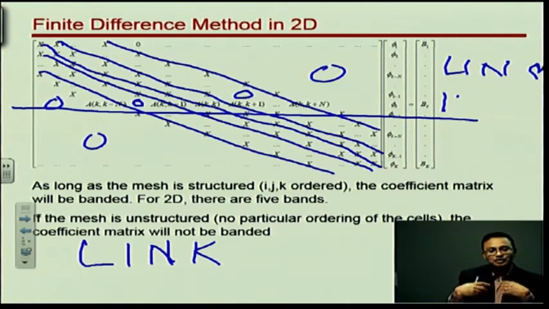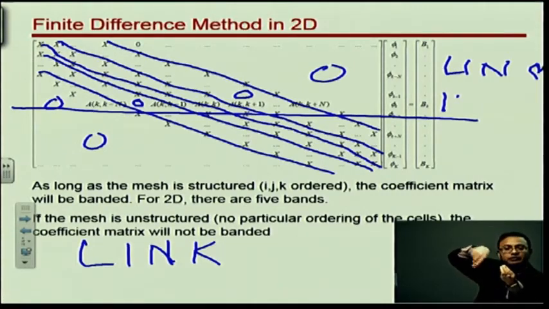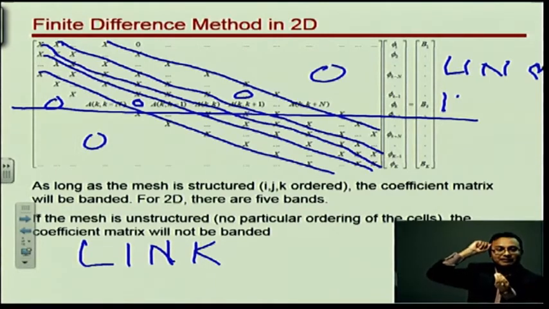Okay, and if you think about it, this has to do with physics also, because when we talk about solving PDEs, we are really trying to represent physics. So suppose you have heat conduction. I have a point here. That point is going to be influenced by the temperature of all the surrounding nodes. It's not going to be influenced by something which is 1 mile away. That's the physics of conduction, and that's what your equations give you, really.